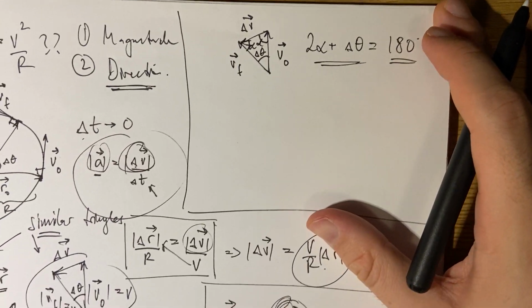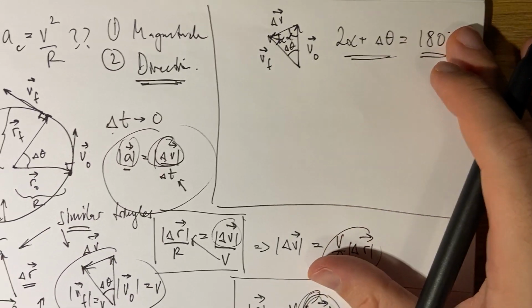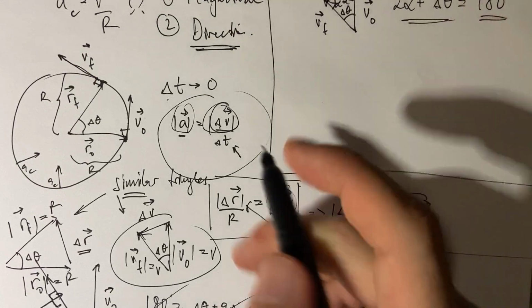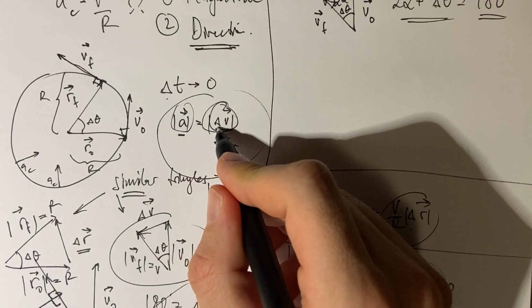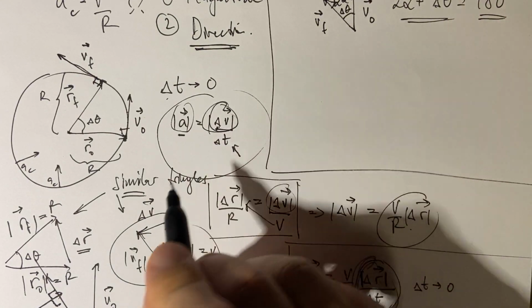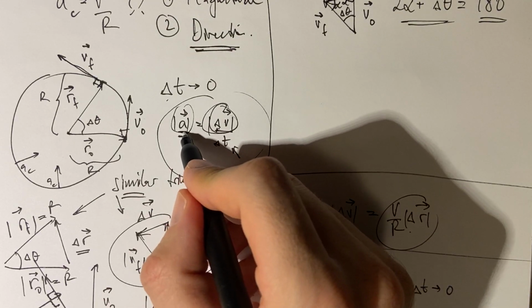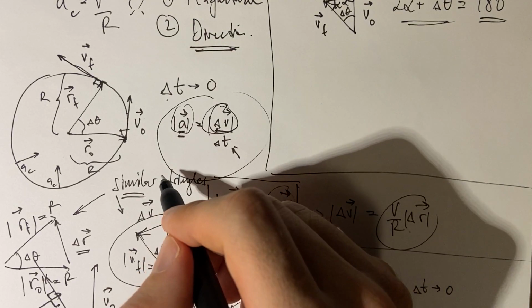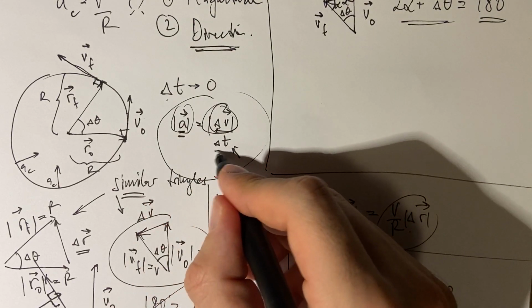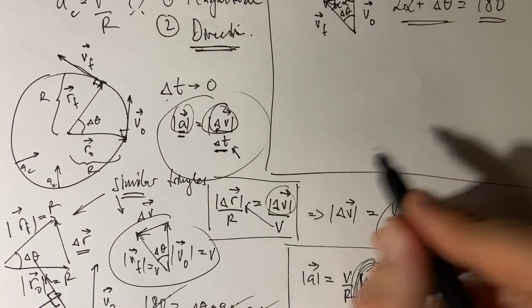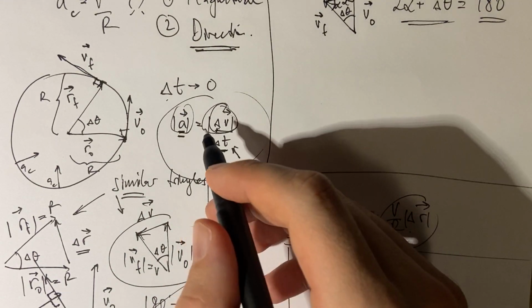And what we want to know is the direction of the change in the velocity vector, because if we know that, then we will automatically get the direction of the acceleration vector, because remember, delta t is just a scalar, it doesn't have a direction.